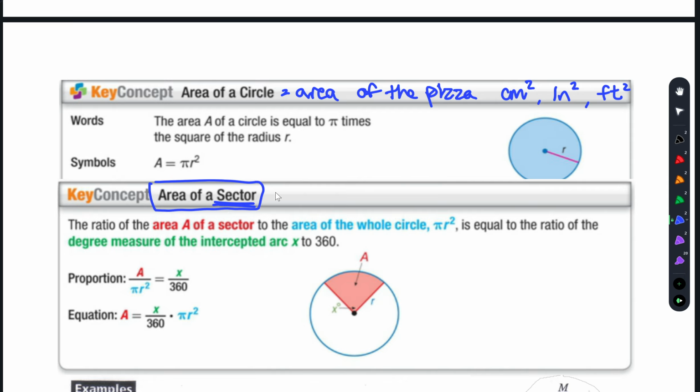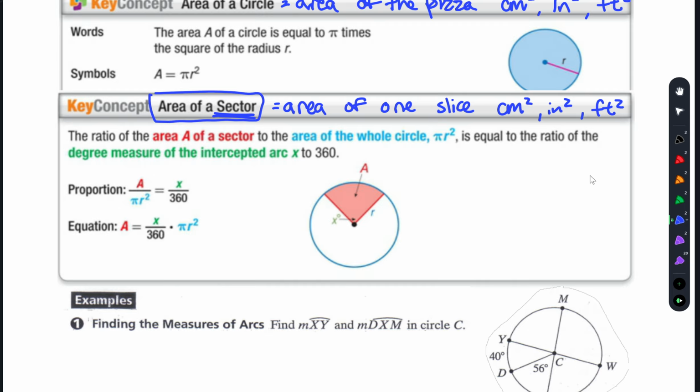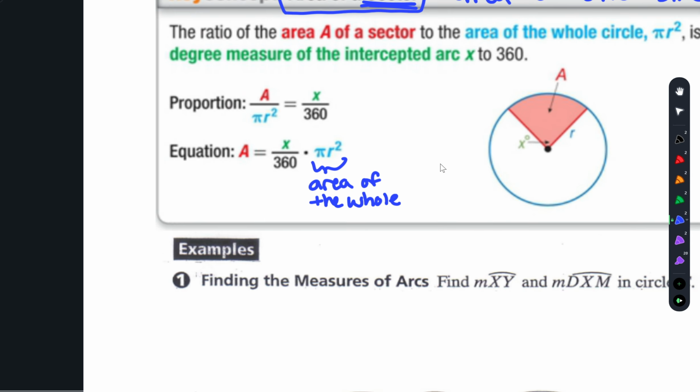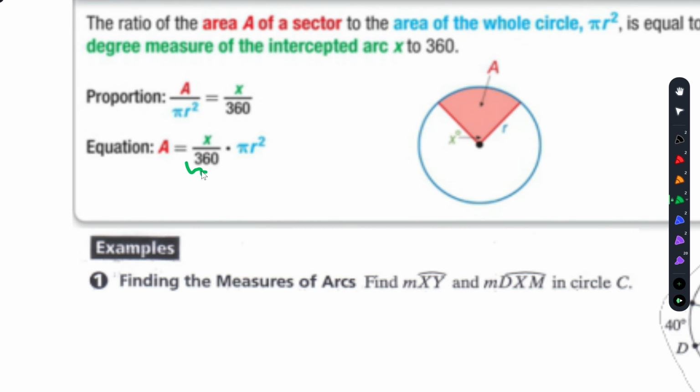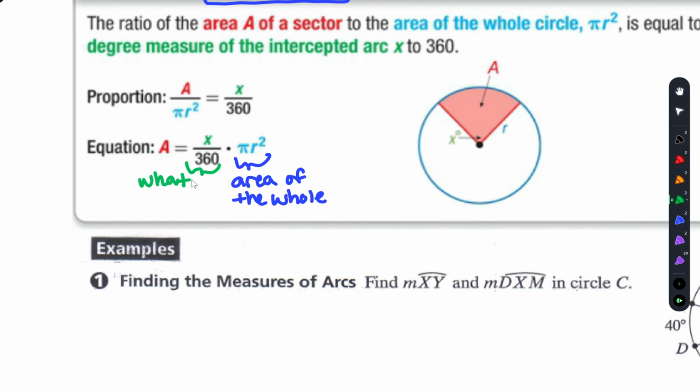Sector area is like the area of one slice. And again, it's measured in centimeters squared, inches squared, feet squared, just like area of the whole circle. Exactly like that arc length formula. In order to find the area of a slice, I'm going to find the area of the whole pizza, and I'm going to multiply it by whatever portion of the circle I'm looking at.